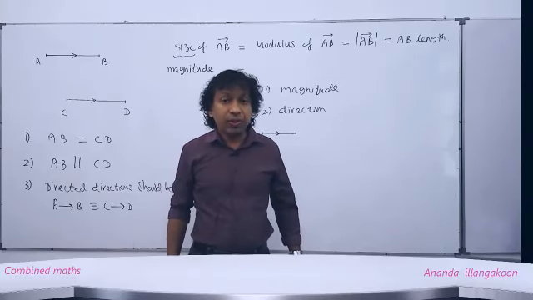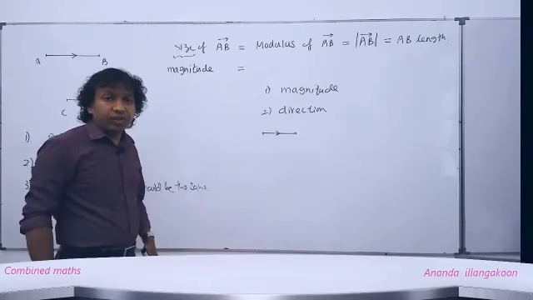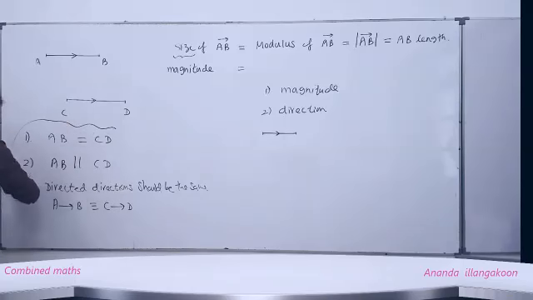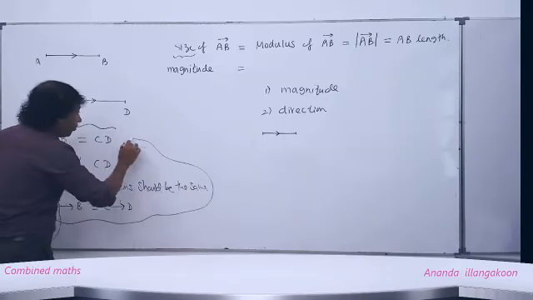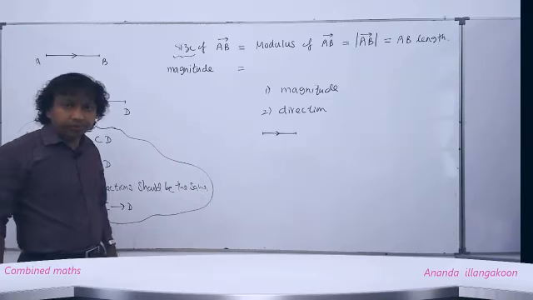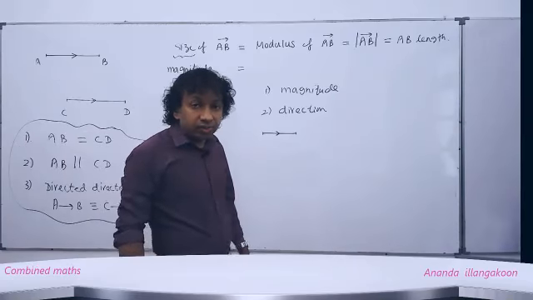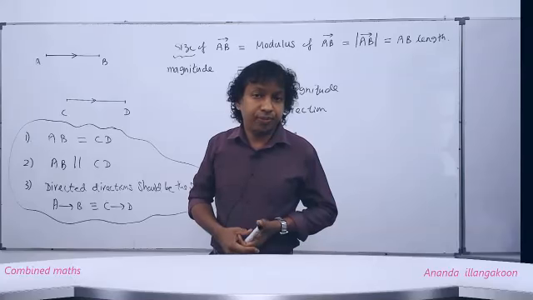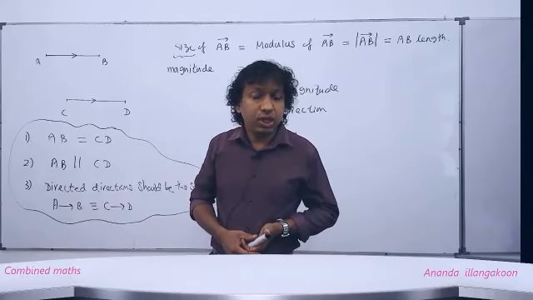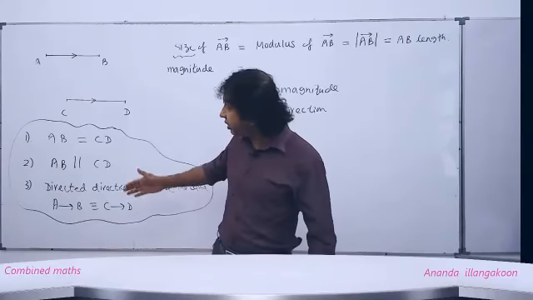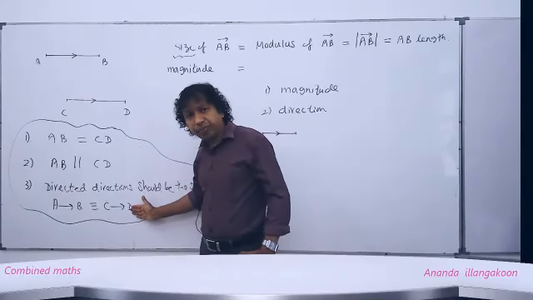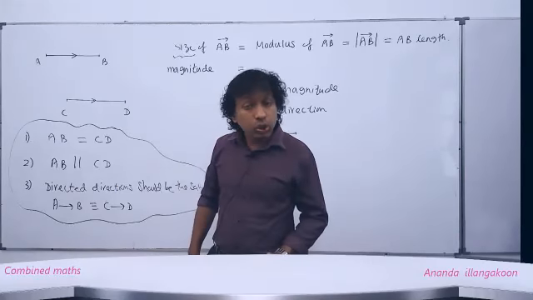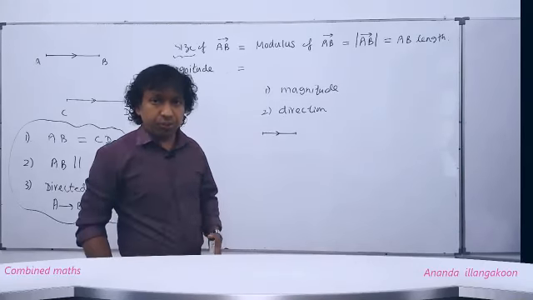So when two vectors are equal, their geometrical representations have these three properties. Conversely, when two line segments represent two vectors having these qualities, they together say that the two vectors are equal. Understood?